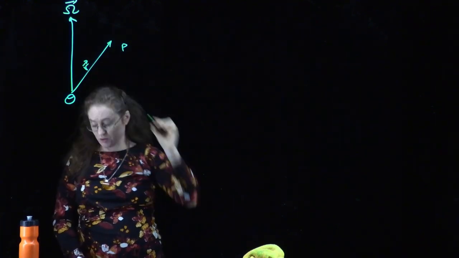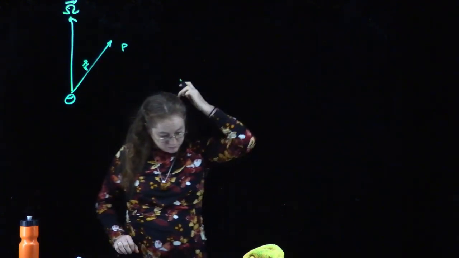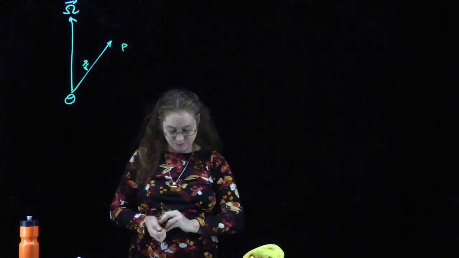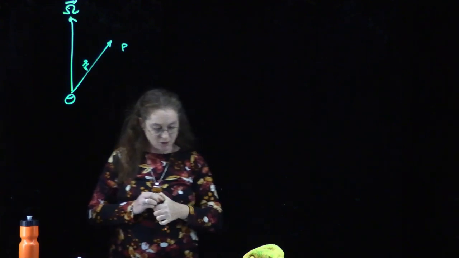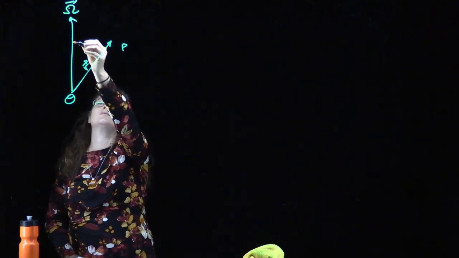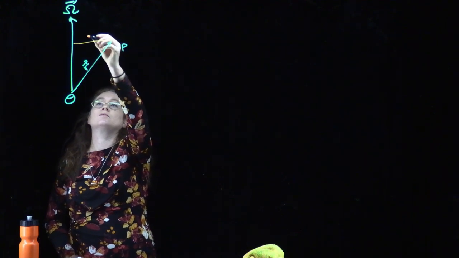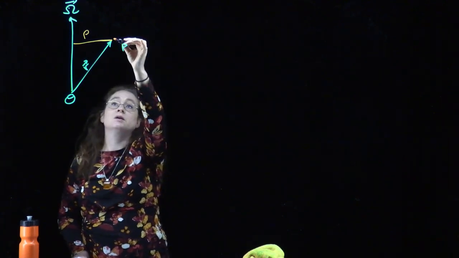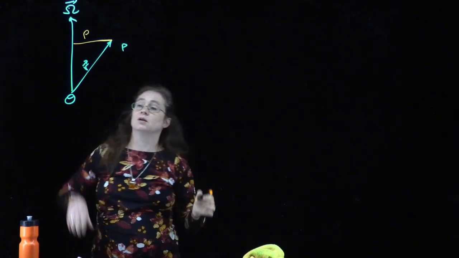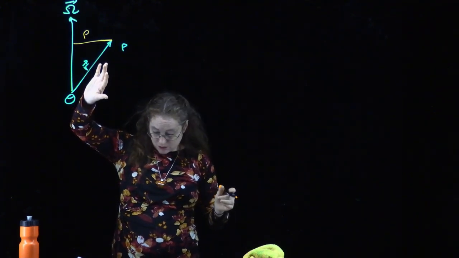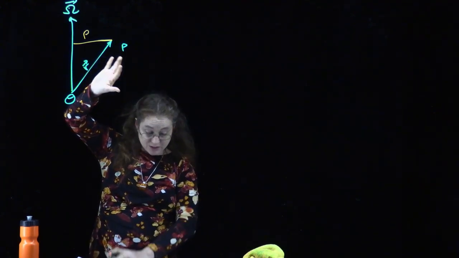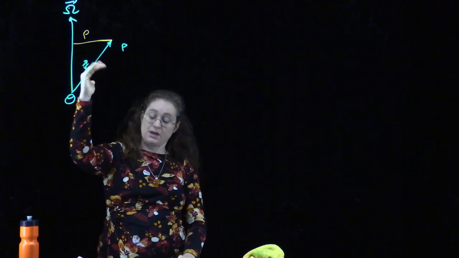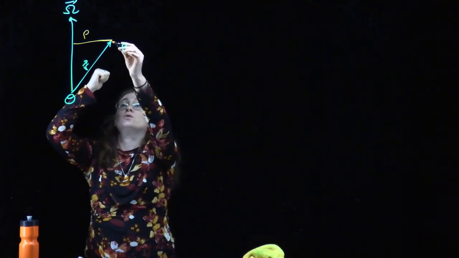It has a position vector, R. And we have this distance, rho, the distance from the axis of rotation. And then our centrifugal effect is Ω cross R.